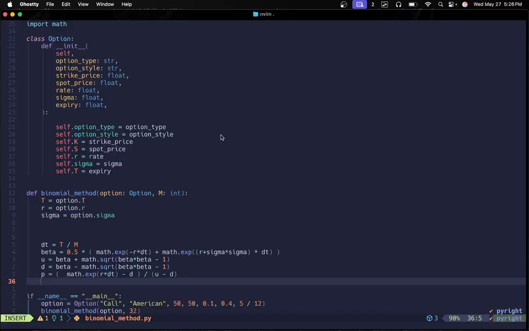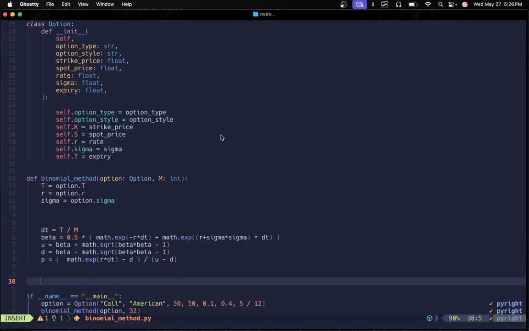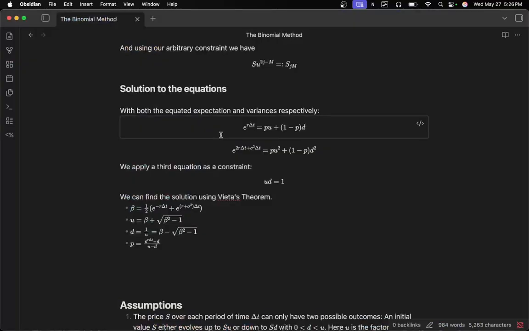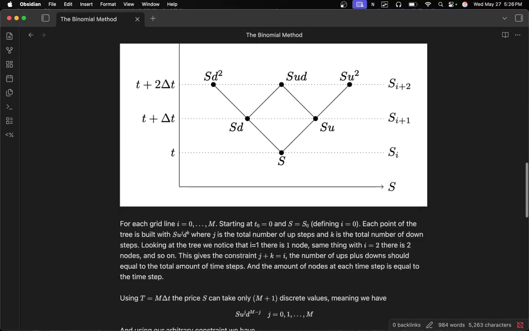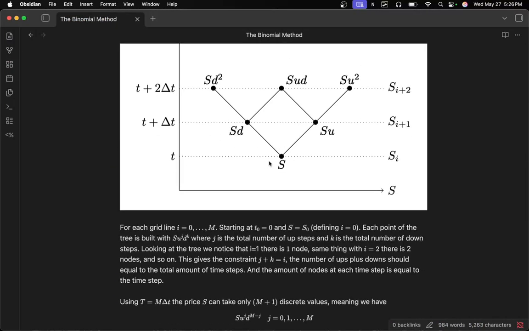Now we have all our values. Next we need to define this S right here.